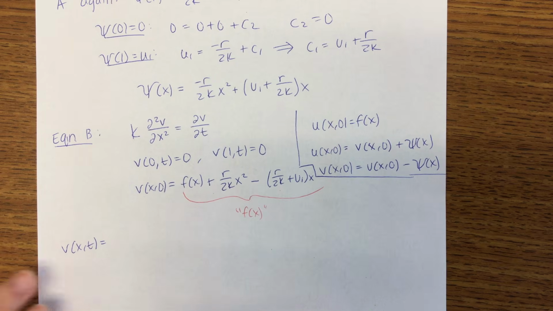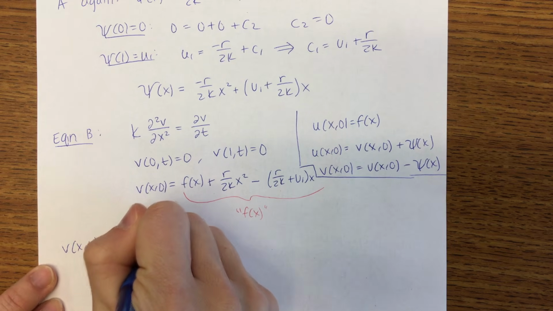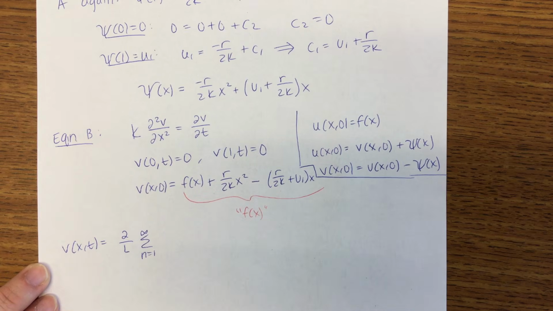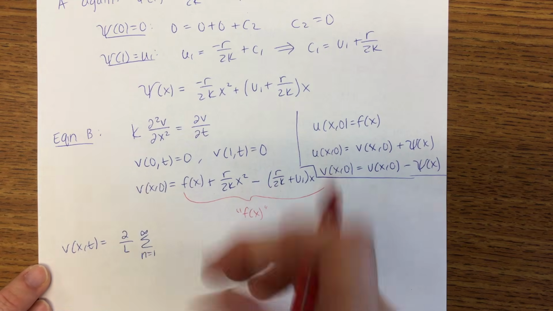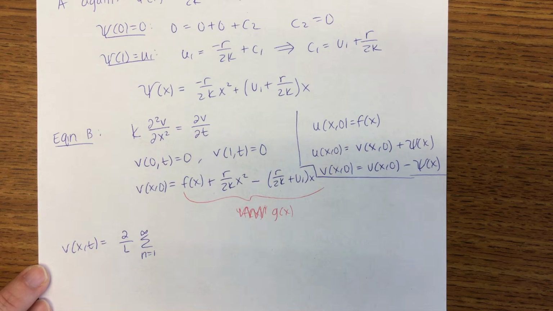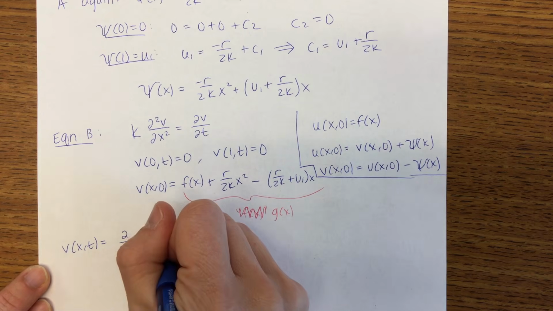Our v of x,t would be 2 over L, the summation from n equals 1 to infinity. In our notes, we used f of x. I don't want to use f of x, though, again, because f of x is here. So I'm going to call all of this g of x instead, just so that we know what f of x we're using.